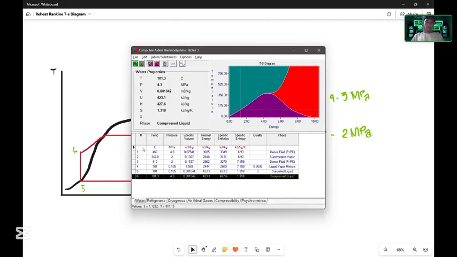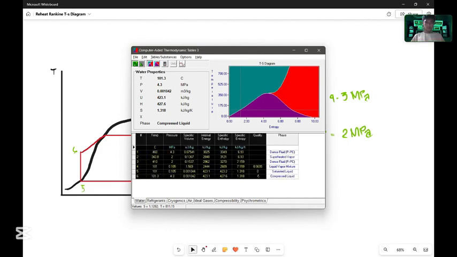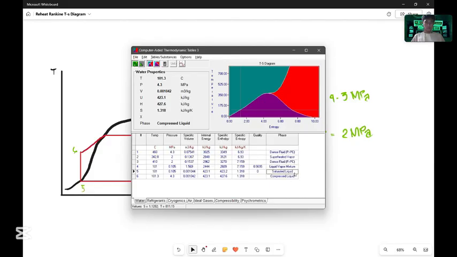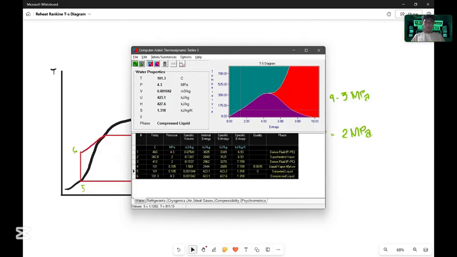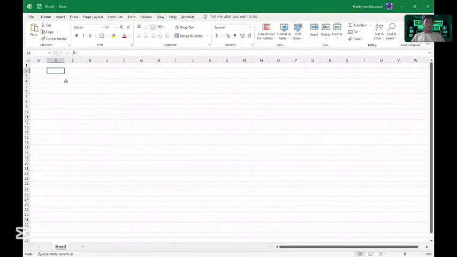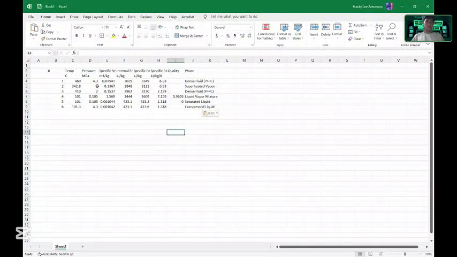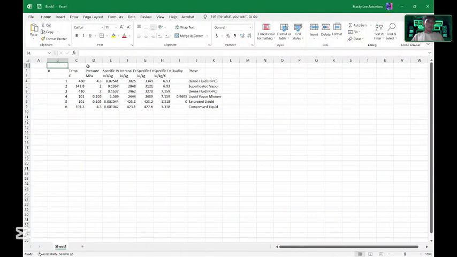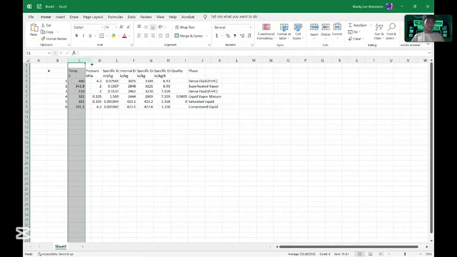We can now copy these values we get from Computer Aided Thermodynamic Tables 3 to Microsoft Excel to further calculate. Then just arrange the tables.